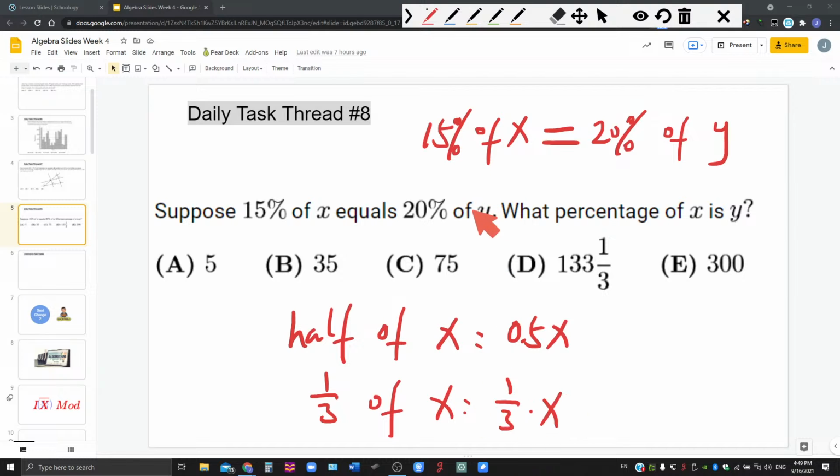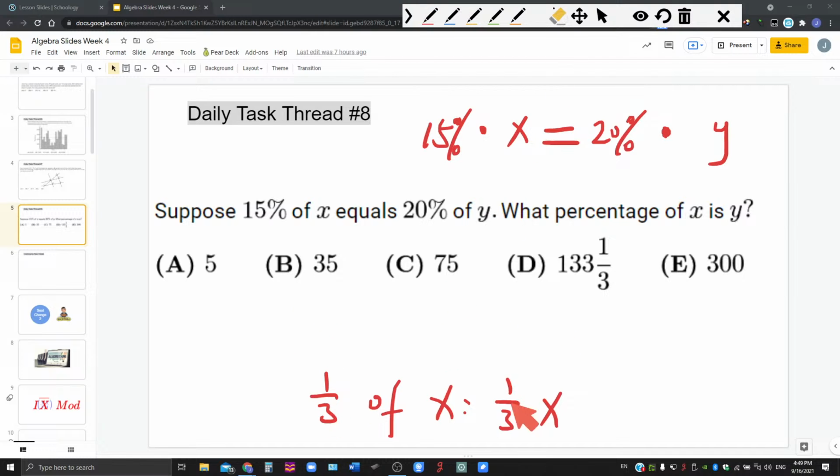So 15% of x is simply 15% multiplied by x. And 20% of y is simply 20% multiplied by y. So if you understand English, you can translate that into mathematical expressions.